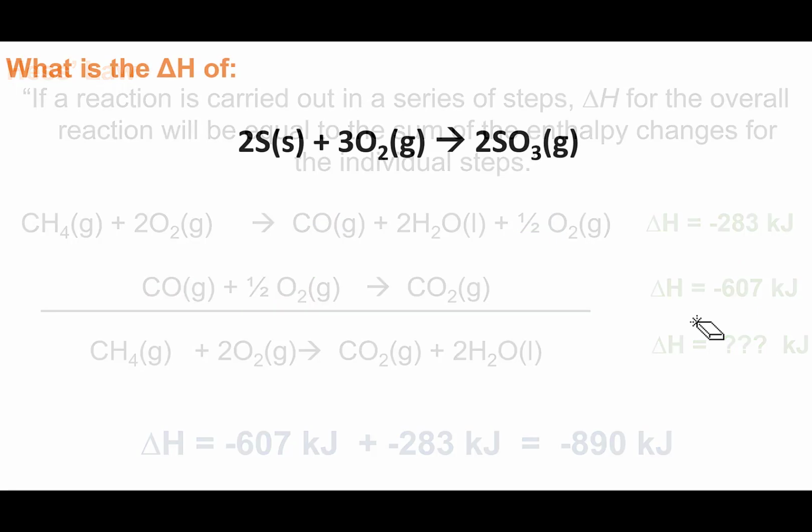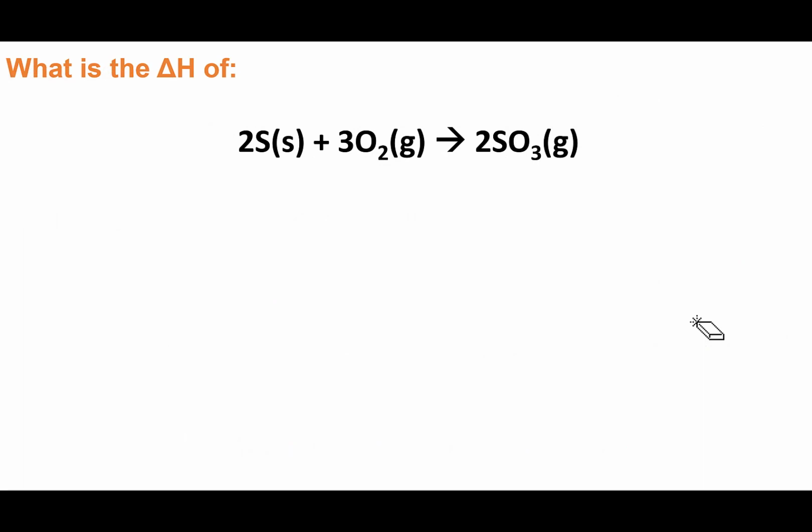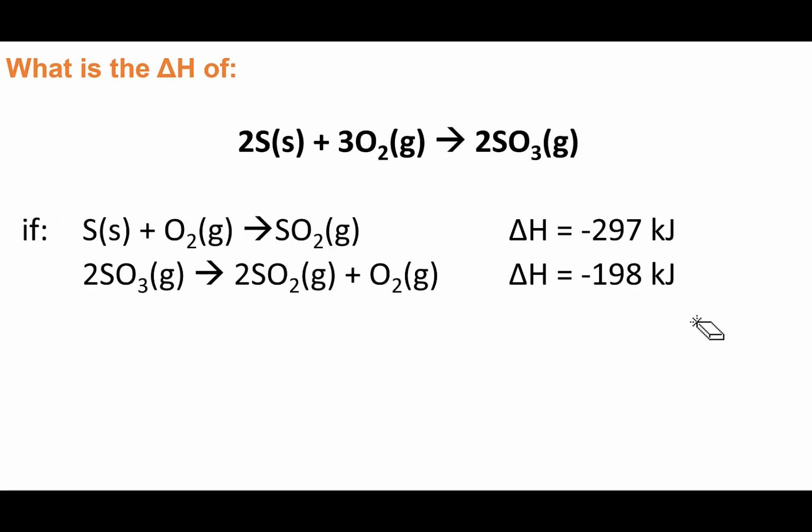So sometimes when we see our series of steps, they aren't necessarily in the order that we need them to be in. So here's what a full-blown Hess's problem is going to look like. This is the overall reaction. And I want to know what is the change in enthalpy for that overall reaction.